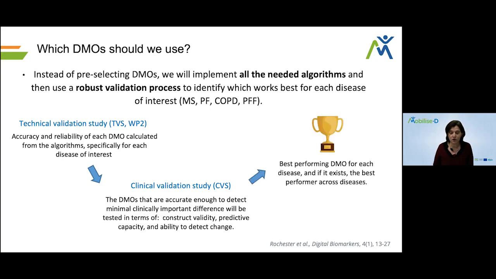And among all these, we will choose for each disease the DMOs that are more informative to answer specific clinical questions. The focus of today is really on what we consider as technically valid DMOs and the tools that we are developing to establish this technical validity.